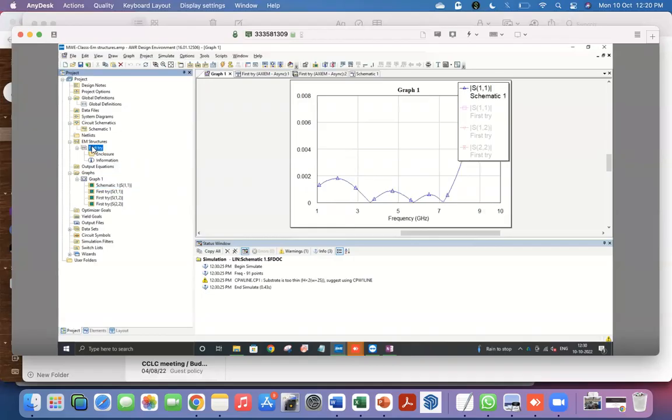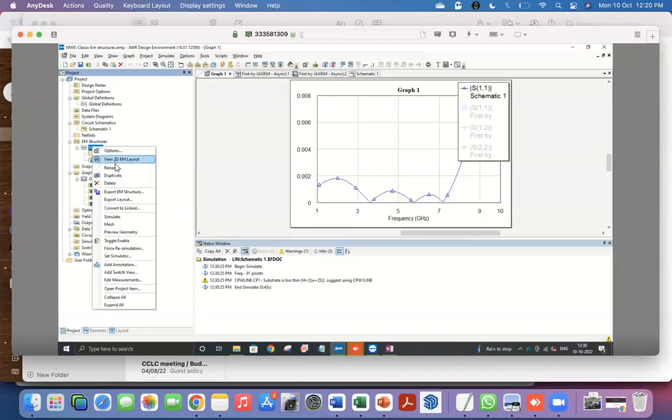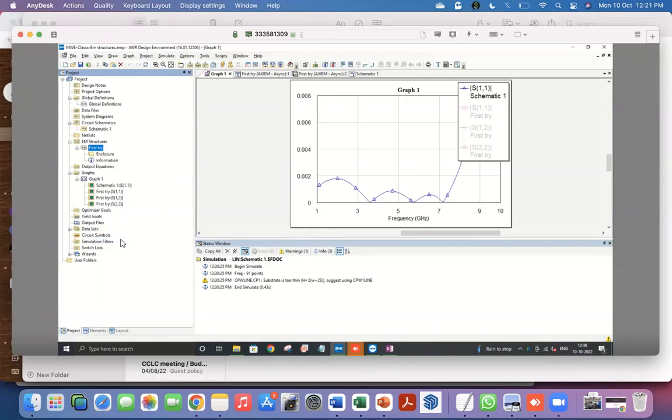This company has configured this software incorrectly. I mean, you never tried EM structure simulation on this computer, right?